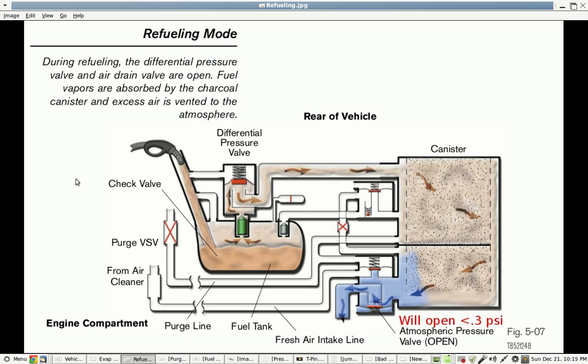So let's look at what happens when you put fuel in. As you're putting the volume of liquid gas into that, the air that's in the tank has to go somewhere. And as it vents out, it has to have the raw fuel vapors removed from it. So it goes through this piping system to the charcoal canister, and the charcoal absorbs the hydrocarbons or raw fuel, and what comes out is just the air.